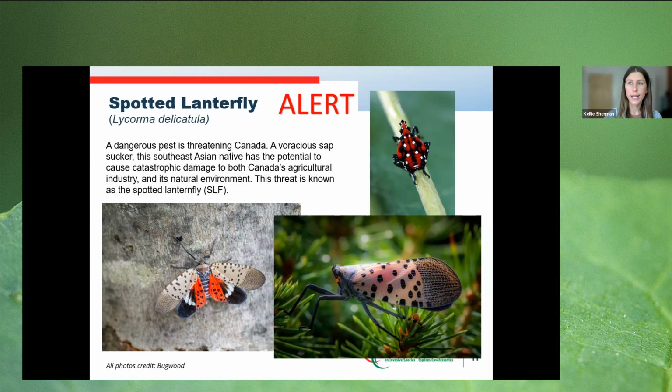Something that I should mention is that we definitely work with stakeholders on sharing information about preventing that spread as well. But within Canada, we focus on actions Canadians can take to prevent the spread once in Canada.